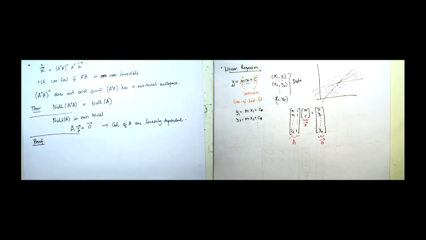Okay? So if we want to say that two null spaces are equal to each other, when we have these proofs that involve equality, there's two things that we always need to show.